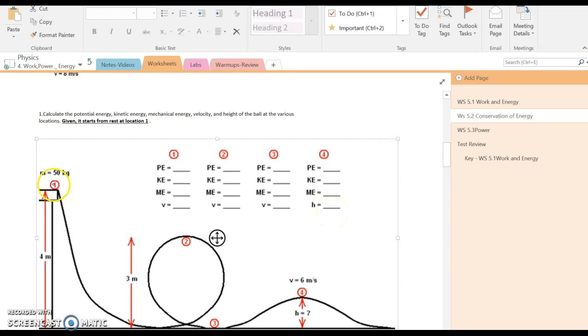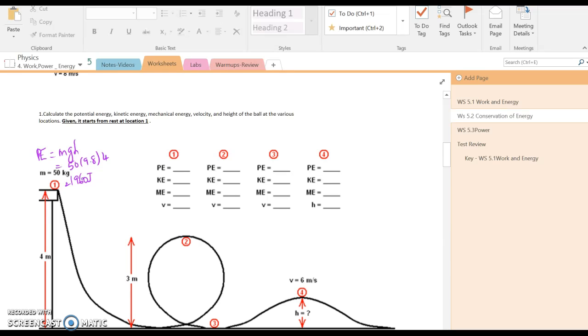To calculate the potential energy, potential energy is mgh. It will be 50 times 9.8 times 4, which is the height, and that should be about 1960 joules.